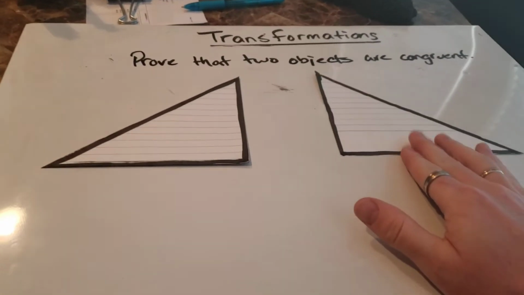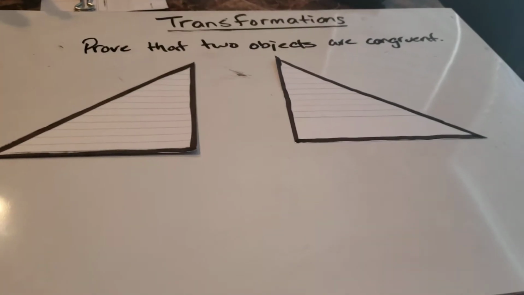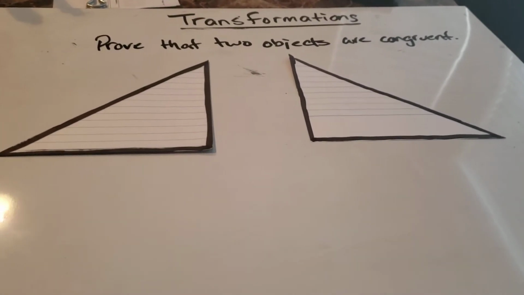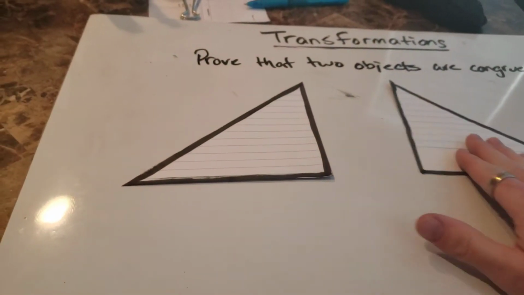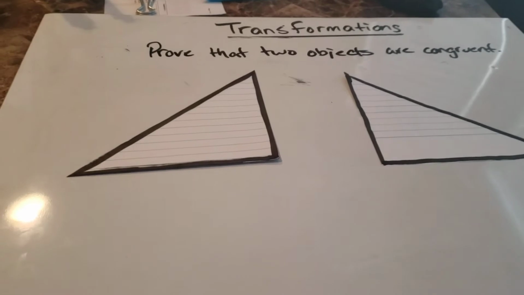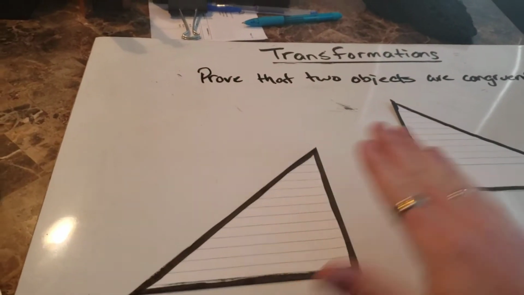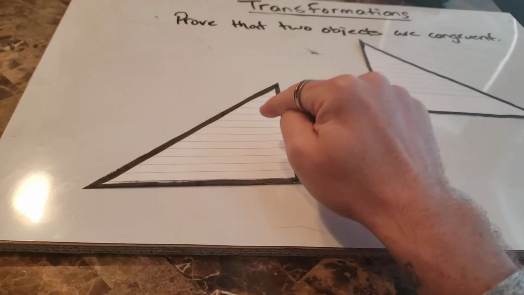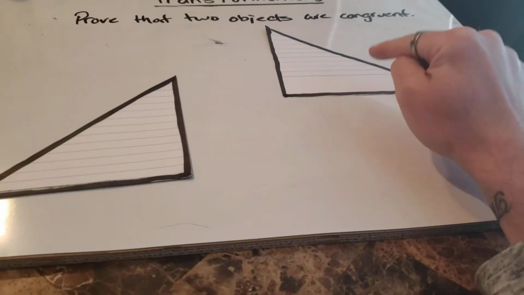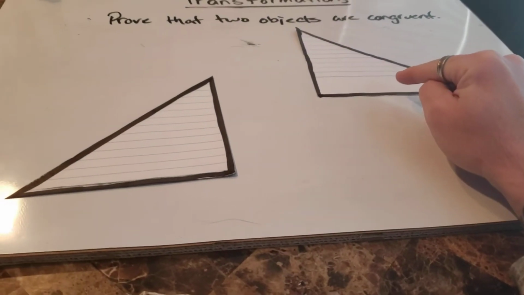My goal here is to get these two objects directly on top of each other and describe the mathematical process behind that. All right, so I'm actually going to start with it down here, okay? My goal is to get triangle 1 on top of triangle 2.